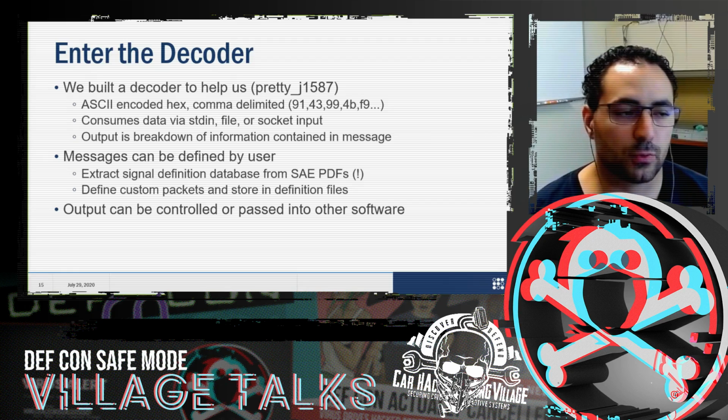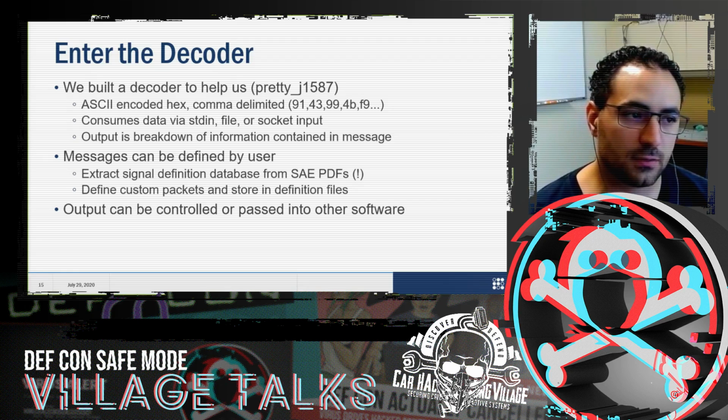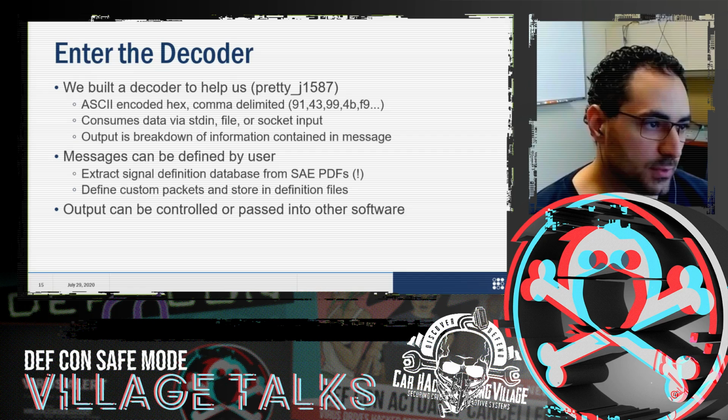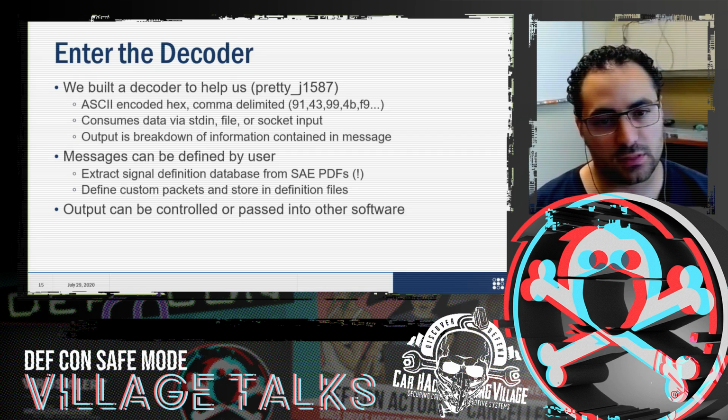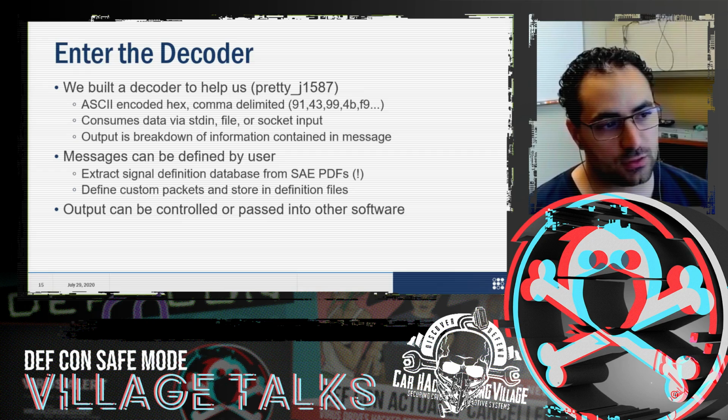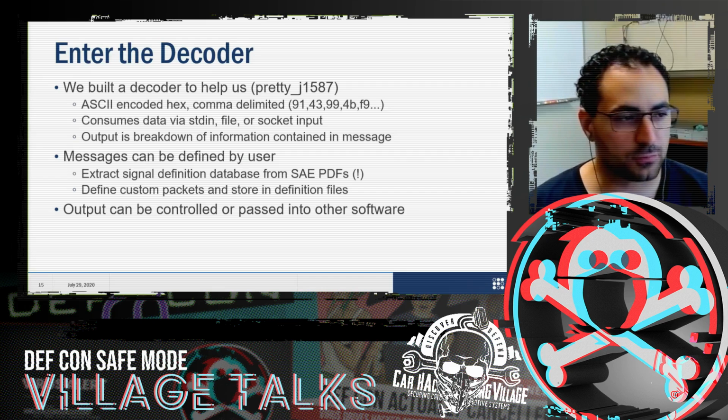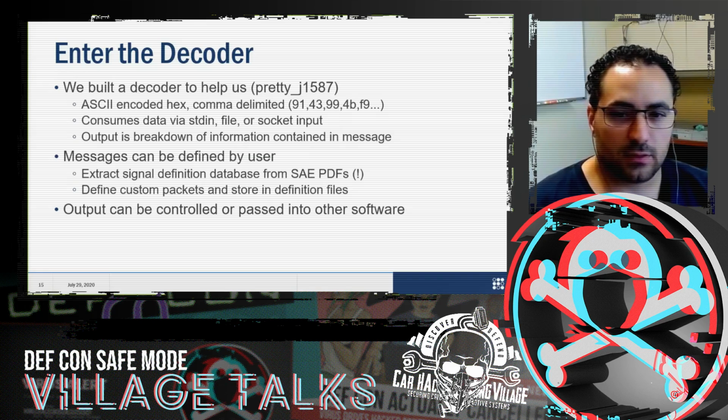It also supports reading from standard in, files, or sockets, UDP or TCP. And what it does is it takes this information, these messages, and it will break them down into a human tolerable format, so they can be easily analyzed by an end user.